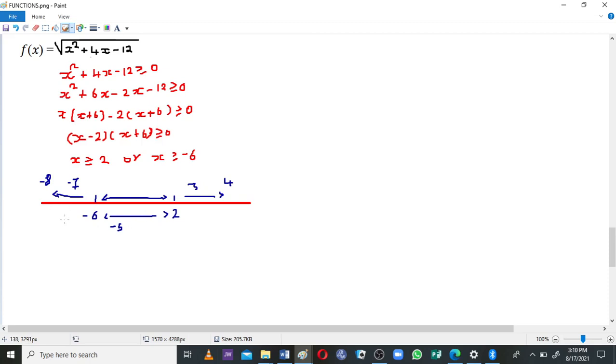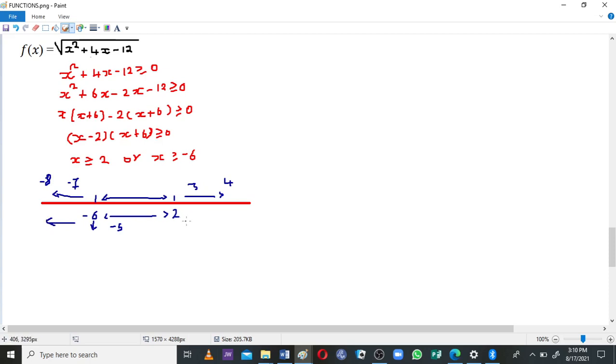You can also do the same with negative 7. In fact, start with negative 6. Plug in negative 6 and see if your function will still be defined, and any other numbers going this side.